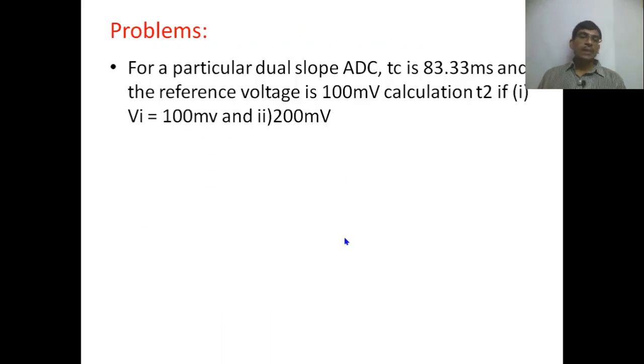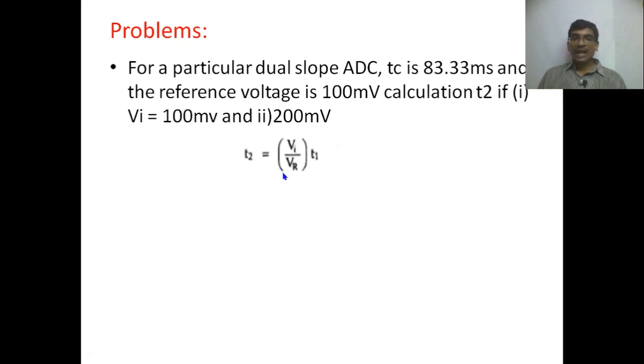Let us see one more problem. For a particular dual slope analog to digital converter, T1 is 83.33 milliseconds and the reference voltage is 100 millivolts. Then calculate the time T2, if Vi is 100 millivolts and if Vi is 200 millivolts.